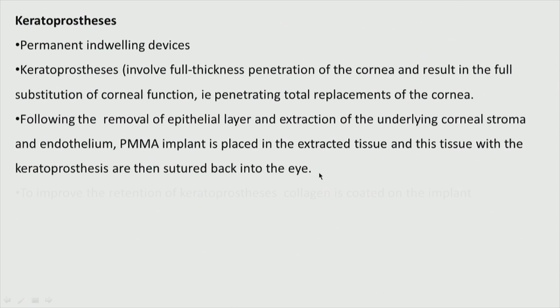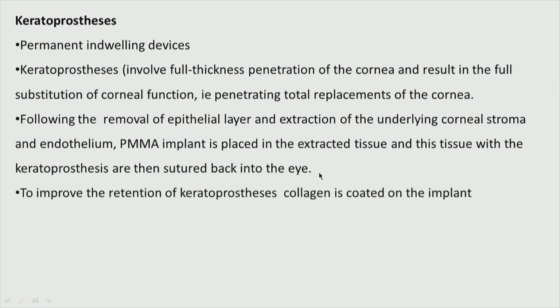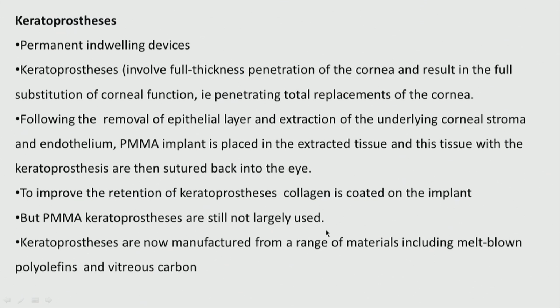This is carried out to improve the retention of the keratoprosthesis. Collagen is coated on the implant, but PMMA keratoprostheses are still not largely used. These are now made from quite a lot of material like polyolefins and vitreous carbon and so on.